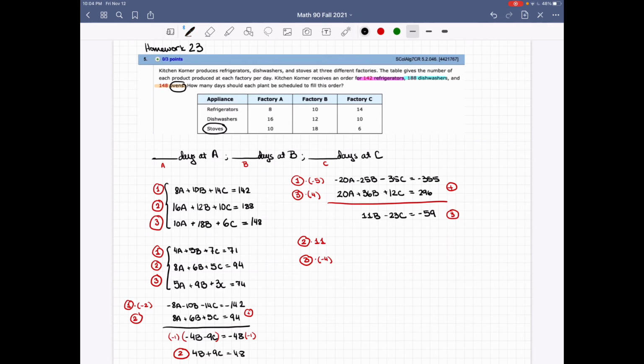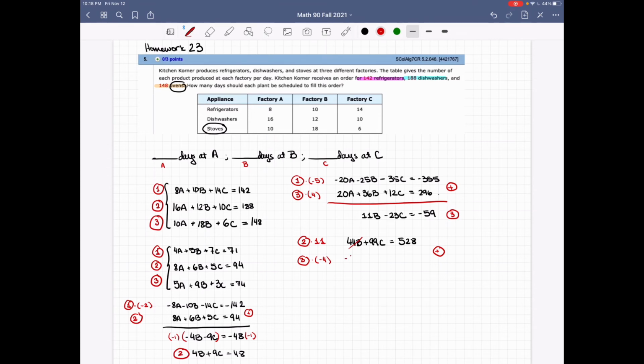So that gets me 44b plus 99c, and then 48 times 11. Let's do that on a calculator to make sure we don't get anything wrong. So that's 528. And I'm going to multiply the third equation by negative 4. Pay close attention to your signs.